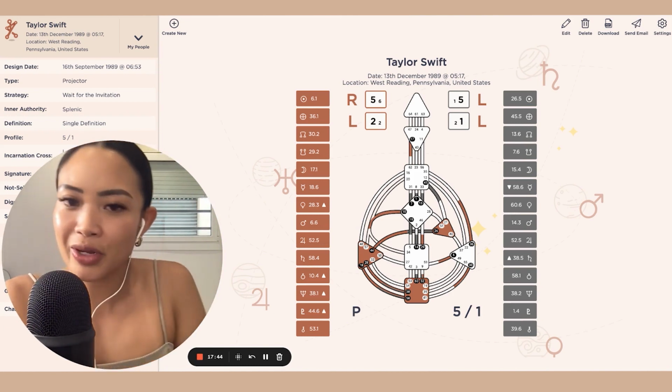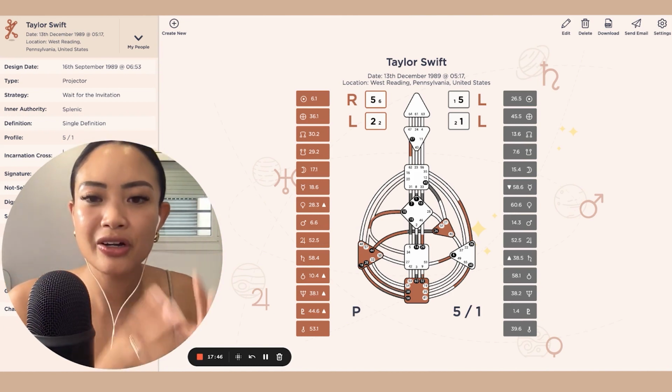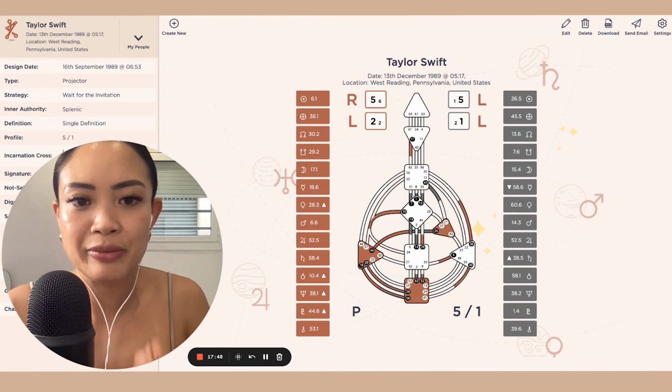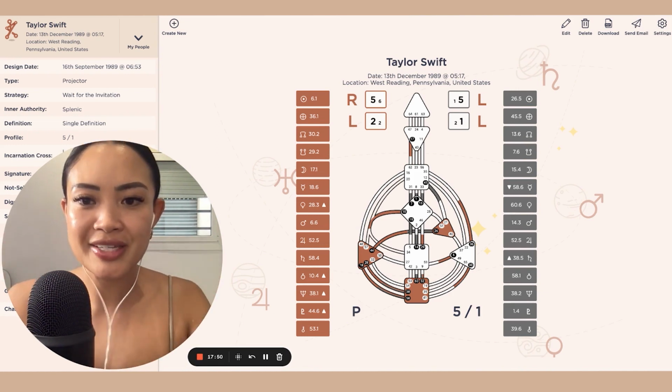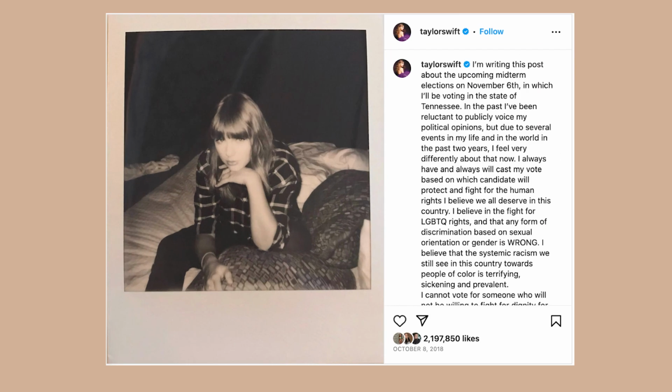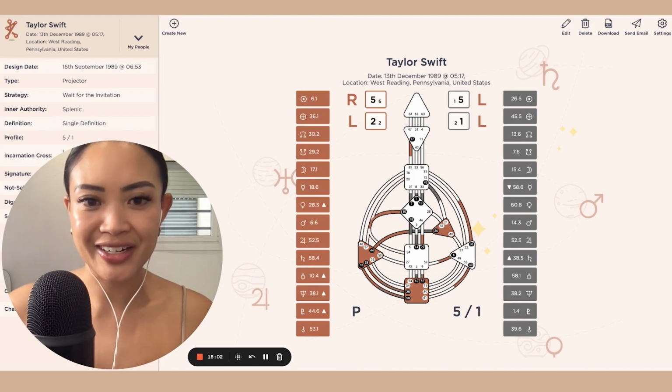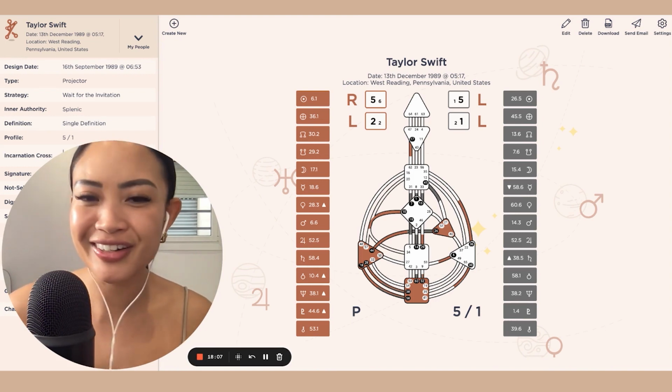And so, anyways, going back to Taylor, her specific political views were made public through this famous Instagram post that made headlines. And you can basically see that she shares who it is that she's voting for, why, et cetera. Again, you can pause this and read this post. It's actually still on her Instagram feed.